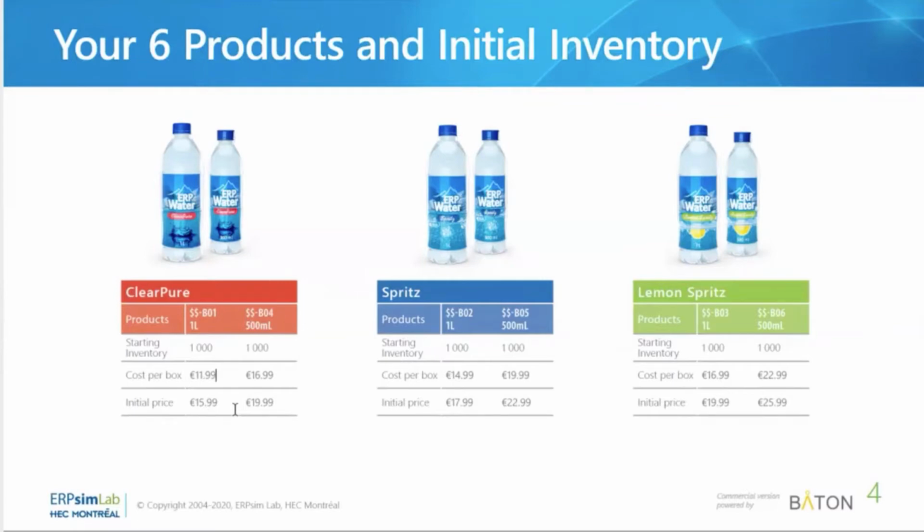You can say, I'm going to sell it at 17.99, or I can make it cheaper, 14.99, right? So you have to decide with your team members what your price point will be for each product. For Clear Pure, you can make the price decision, and also for Spritz, you can make a similar decision.